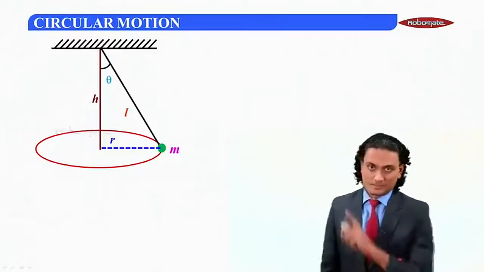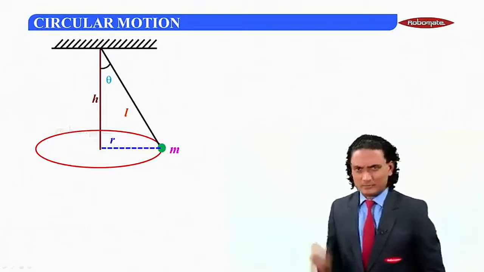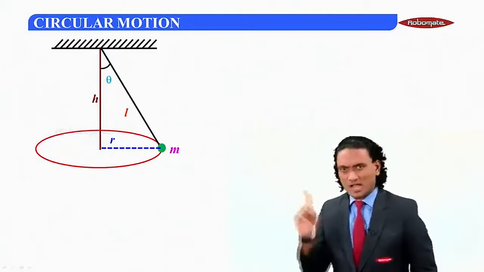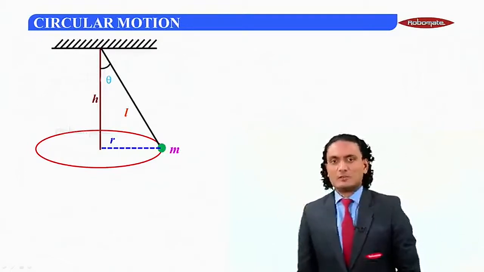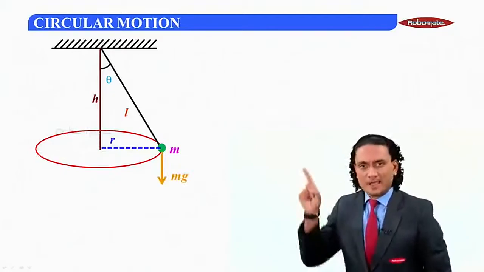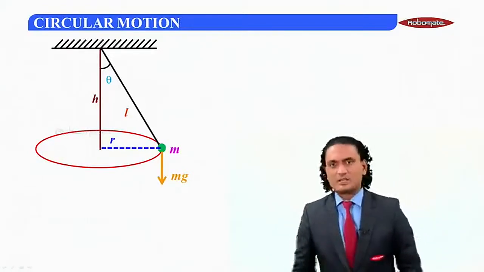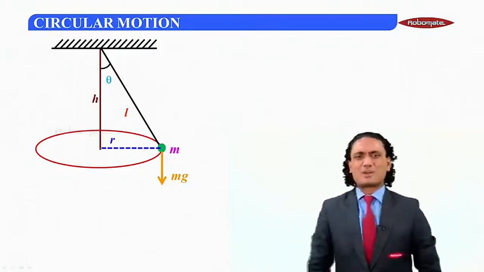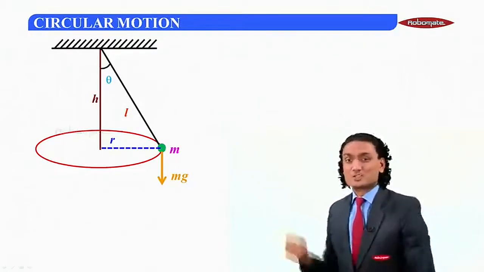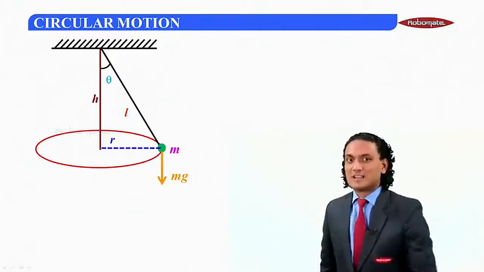Now first, let me draw the free body diagram of the bob. What are the forces acting on the bob? Very good. The first force is the weight of the bob, mg, acting downwards. Next, a contact force. Where is it? The string. What kind of force is there in the string?